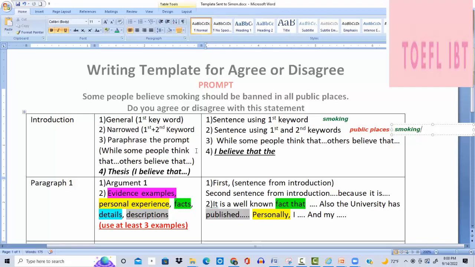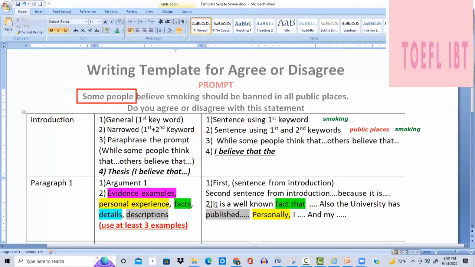Then paraphrase the prompt. Some people believe smoking should be banned in all public places, right? So if we see the phrase, some people, we know that that is more than one person, correct? So we have some people. So this is what you're going to write, exactly like this.